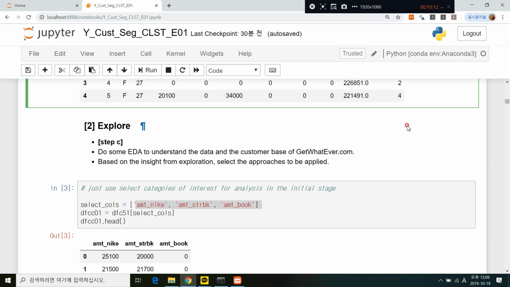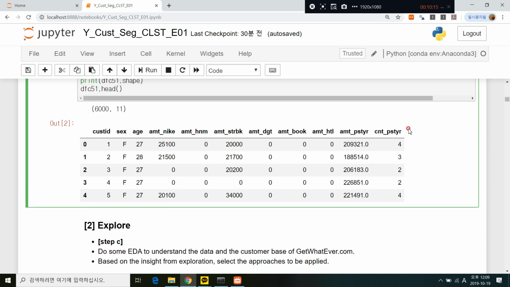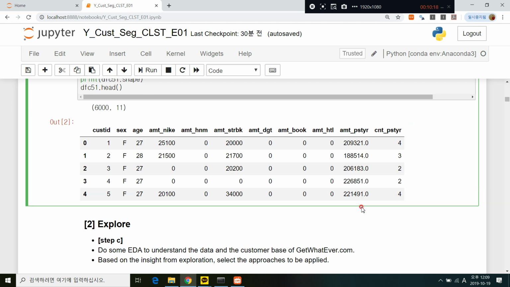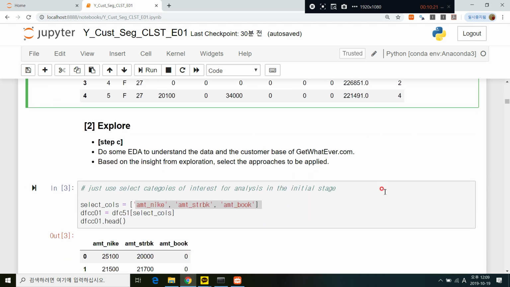Then let's move on to the next stage, explore. Because we already imported the data, we have to understand what is in the database and what the patterns are, at a basic level of understanding. Doing this kind of EDA, exploratory data analysis, is to understand the data and the customer base structure.